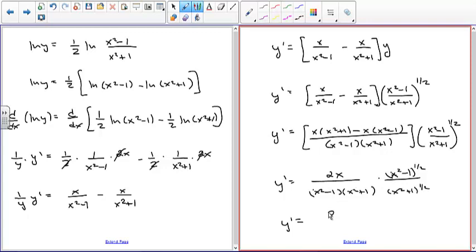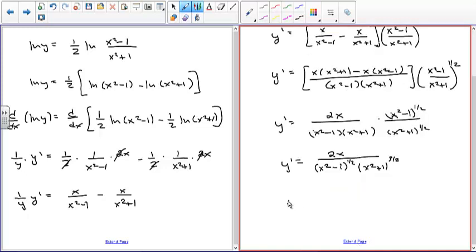So ultimately what you end up with is 2x times, so this in the numerator and this you have to the first power here. So you'd end up with x squared minus 1 to the 1/2 power. And then you'd have x squared plus 1 times x squared plus 1 to the 1/2 power. That would be x squared plus 1 to the 3/2 power.